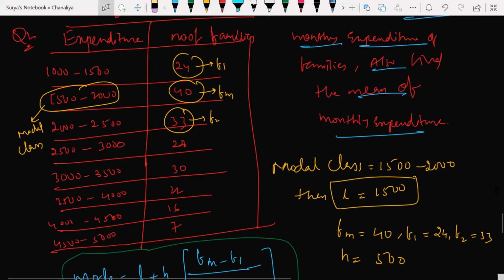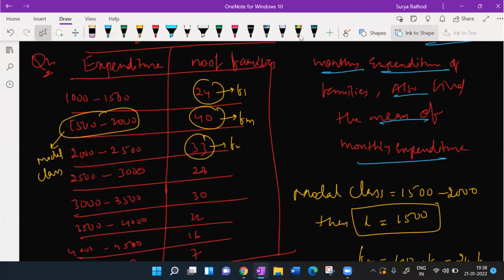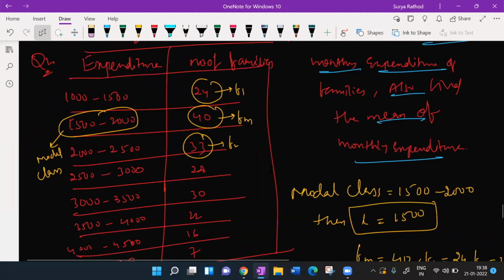People, tell me. How many of you know how to find out mean? Anudip, you know? Yogesh, do you know? Yes.